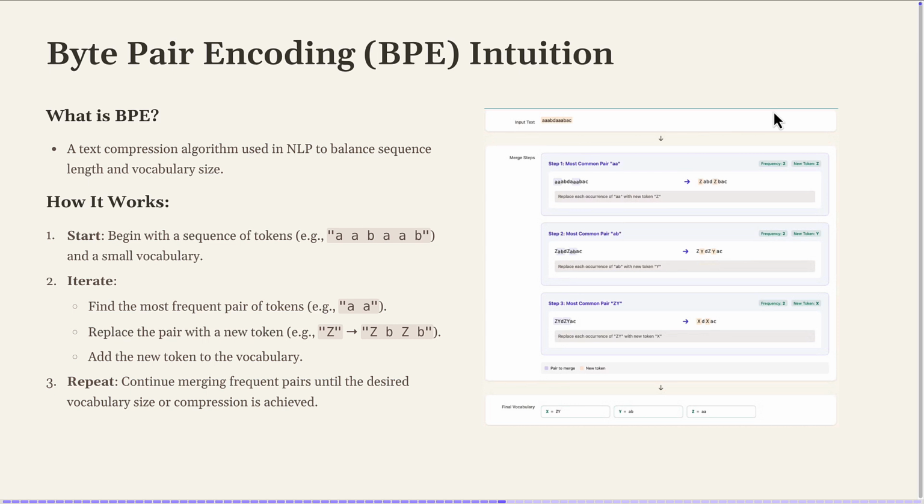Frequency 2, I will create another token, Y. So this sequence will be represented as this sequence: ZY. Here, ZY means I replaced this AB with Y. So the vocabulary now is 1 2 3 4 5, the same, because B was already included. But I have a smaller sequence.